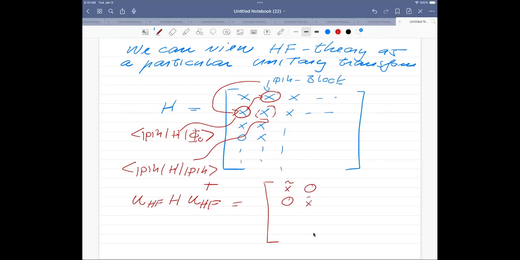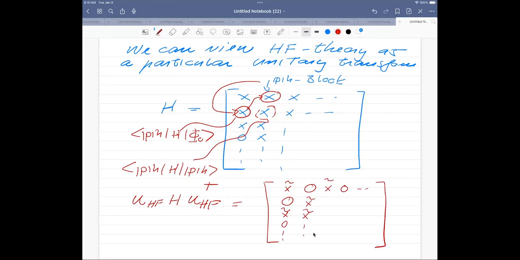And then we have an X tilde, and the rest are zeros. And then we have an X tilde here. So the X tilde means simply that the matrix elements are transformed through this unitary transformation, because this unitary transformation normally would act on all the matrix elements.